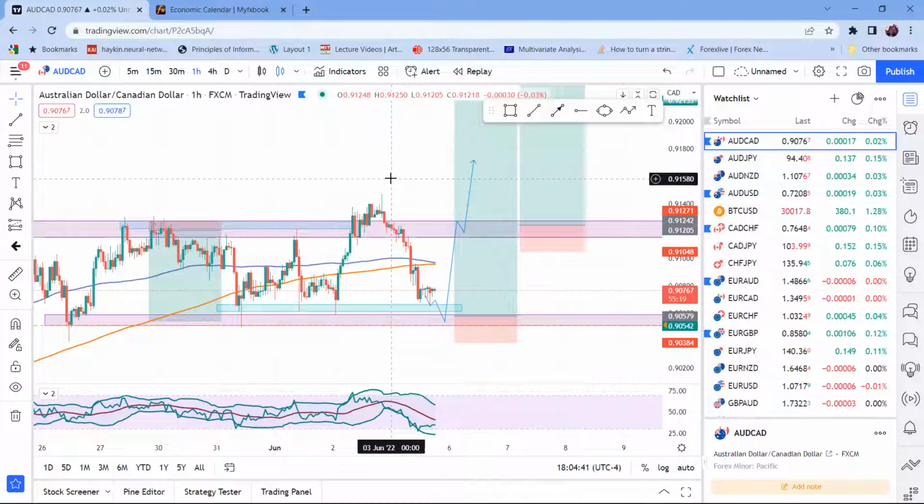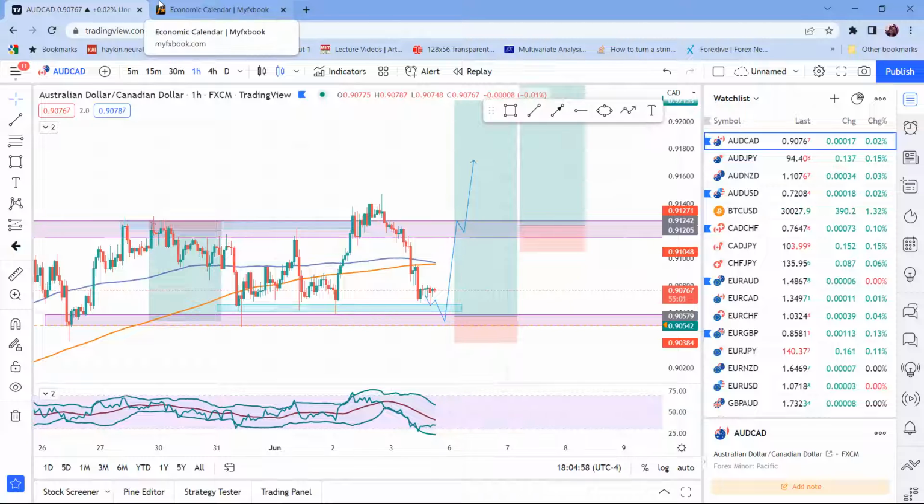The talks of a possible recession could hit any of these economies at any point in time. When we have something like the Canadian economy performing so well, it's kind of underwhelming when it comes to something such as the interest rates and anything else related to the overall improvement of the Canadian economy, right?